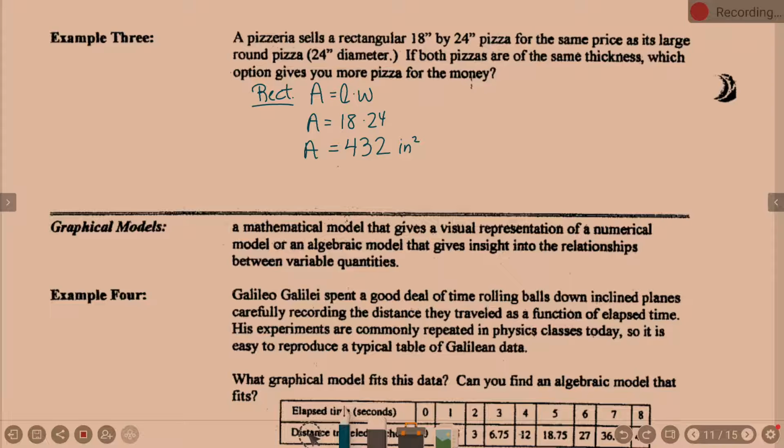And then we also have a round pizza. What do you know about a round pizza? Isn't the area of a circle pi r squared? Yes, you do need to pull up your circle formula: A equals pi r squared.